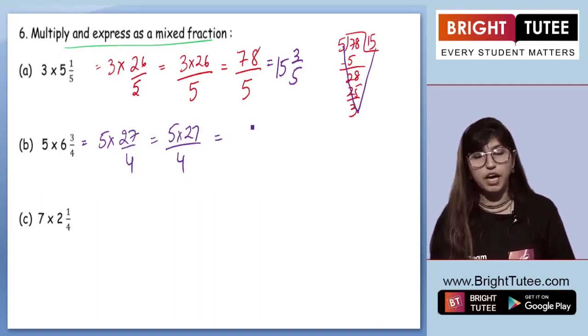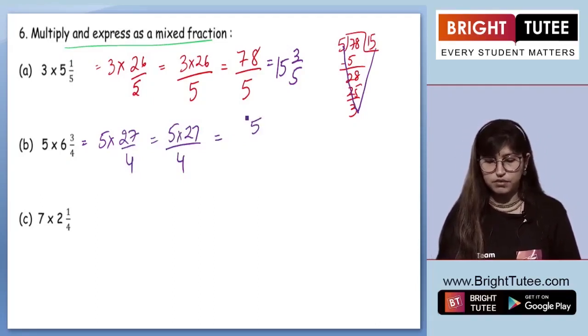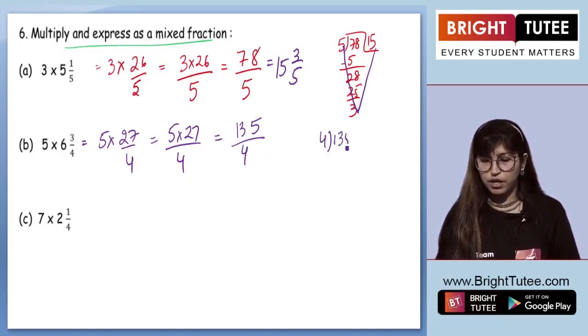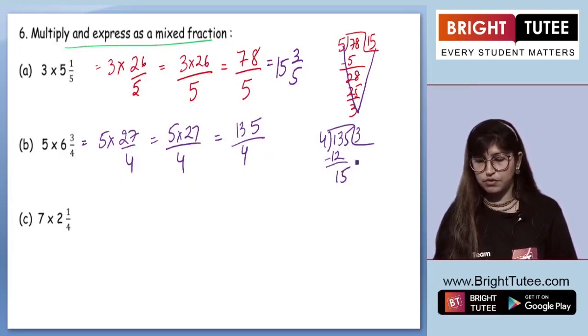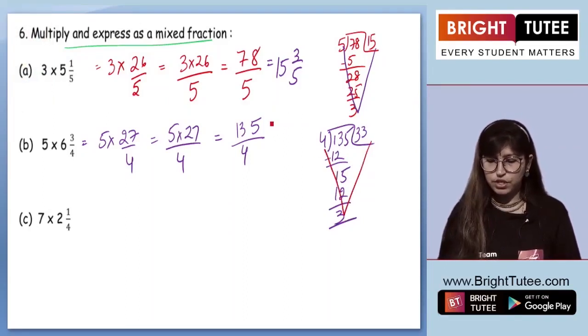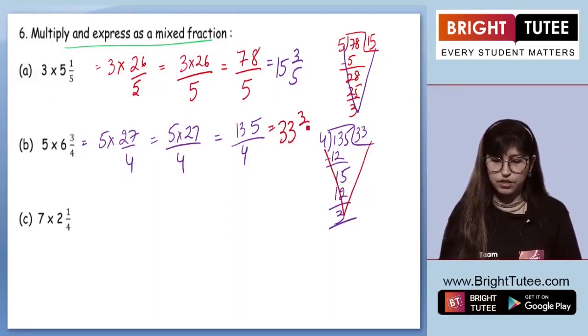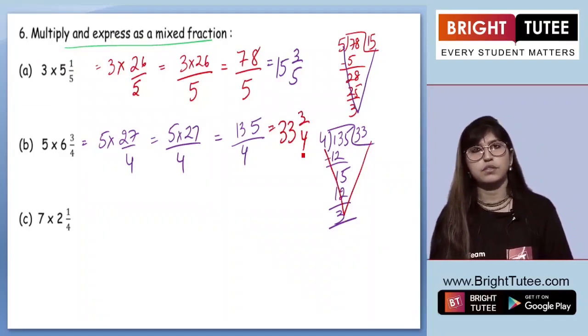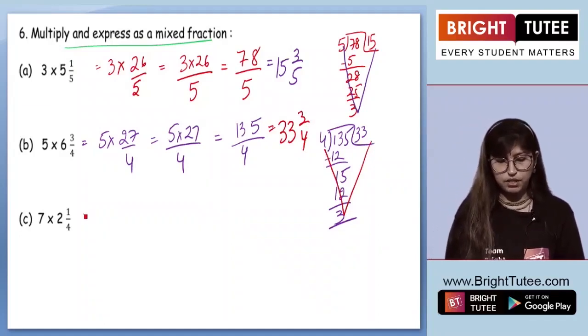So multiplying 5 and 27 we'll be getting 135 over 4. Now again, 4 3s are 12, we are left with only 3. So we'll be getting 33 3/4. Now let's move on to C part.